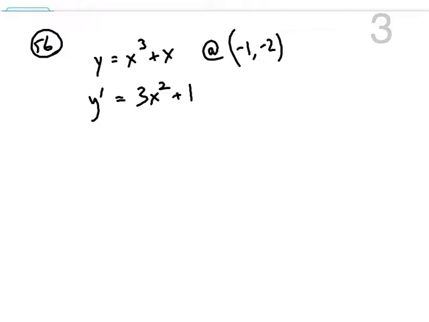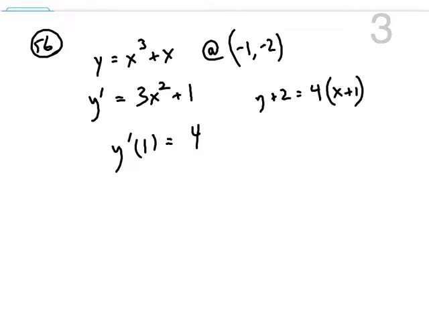This works for anywhere on the curve, but I don't care about anywhere. I care about this one particular point. So plug -1 in here. I get y prime of -1 is equal to 4. Okay. Got a point, got a slope. y plus 2 is equal to 4 times the quantity x plus 1.